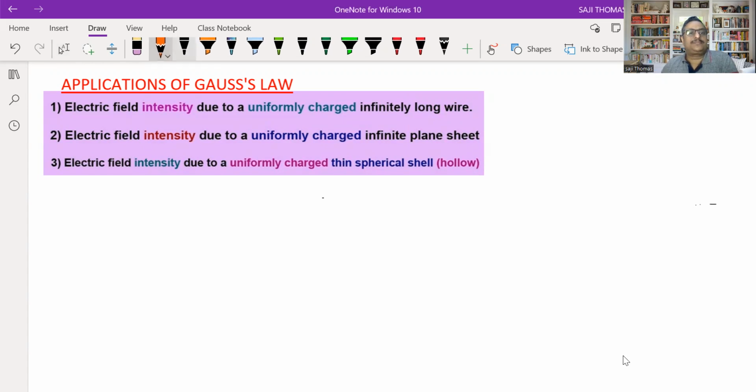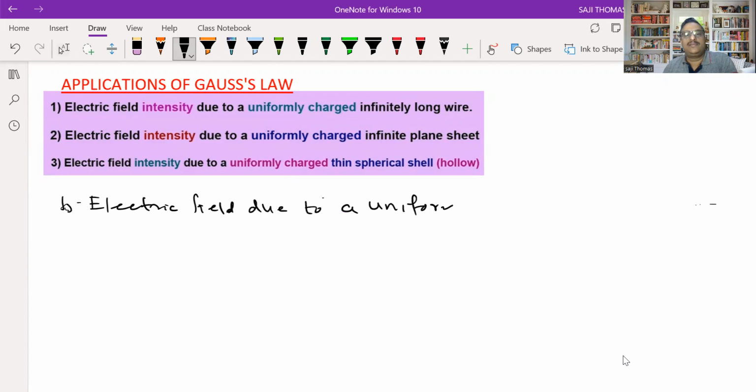Number one. Electric field due to a uniformly charged thin wire.